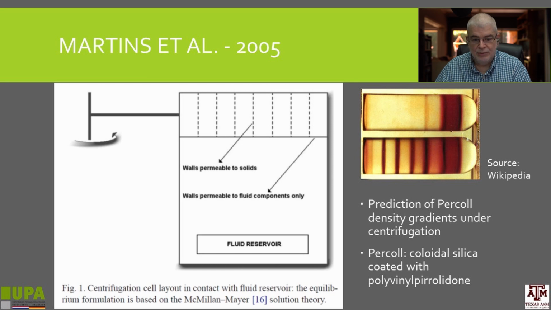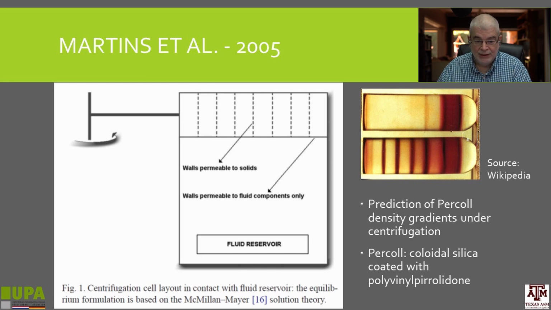And when you run a Percoll gradient, what you do is separate different parts of cells, organelles. And here I just took this picture as an illustration. I think these bands here are some kind of color, just to show how, depending on the density, the particles get together. They are separated essentially based on density.